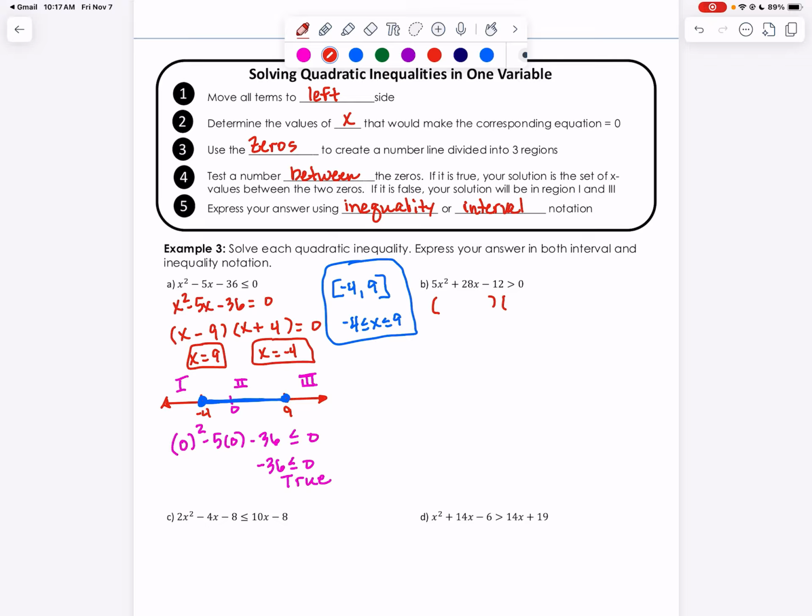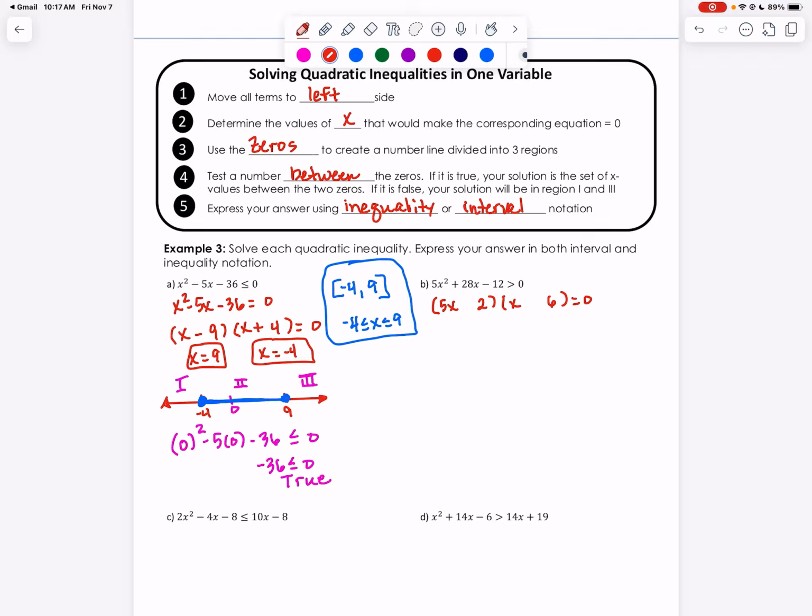Now, this one's a little harder to solve just because the numbers are a little bigger. Now, I'm going to assume you already understand factoring, so I'm not going to take a lot of time to explain the factoring here, but I'm going to use 5x and x to get 5x squared. For the negative 12, I'm going to use 6 and 2. I'll put the 2 here, the 6 here.